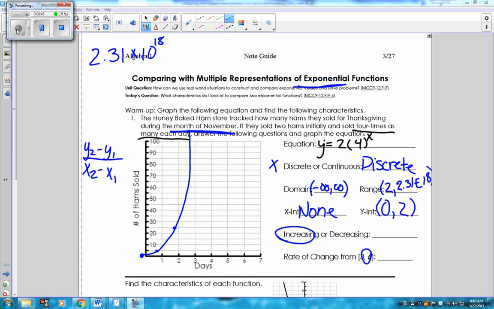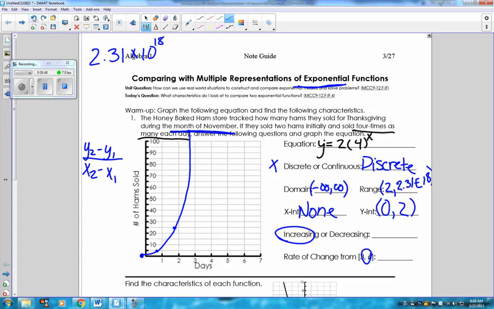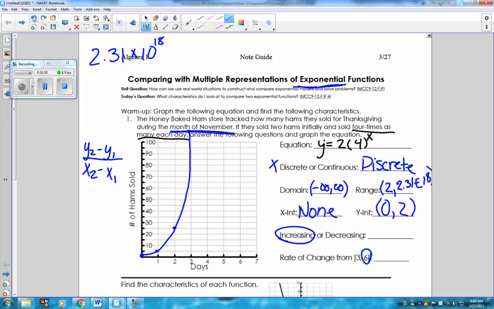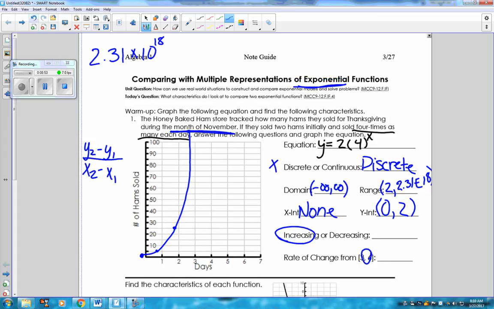Oh, it keeps messing up. So if I plug in 6 for the x, I'm going to get 8,192. What happens if I plug in 3 for x? I get 128. And then I'm going to take my x2 value, which was 6, and subtract my x1 value, which was 3. So what's 8,192 minus 128?